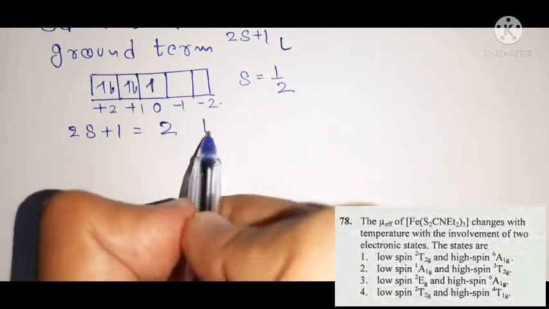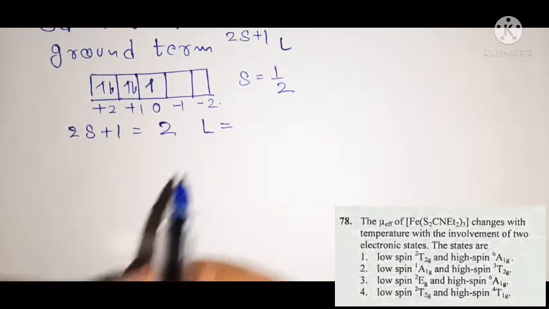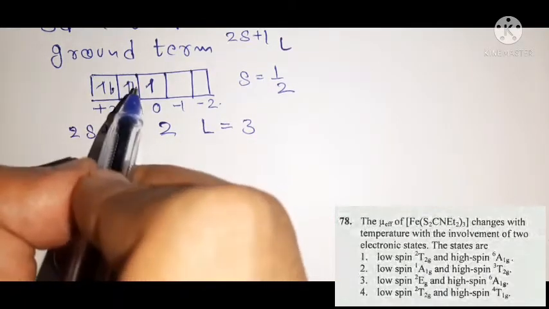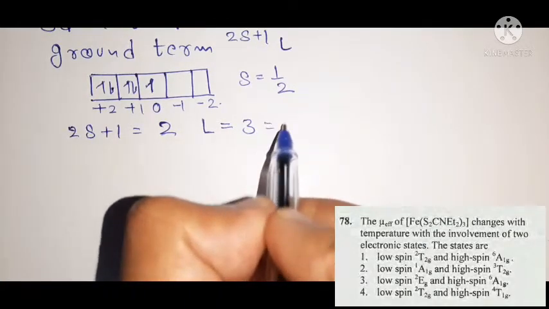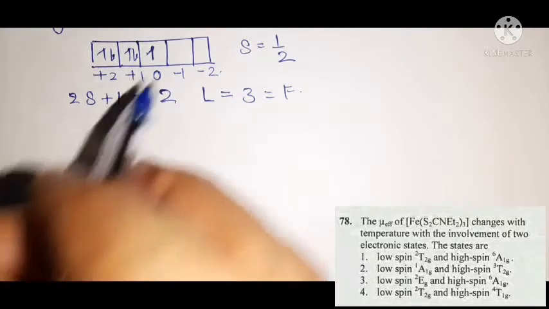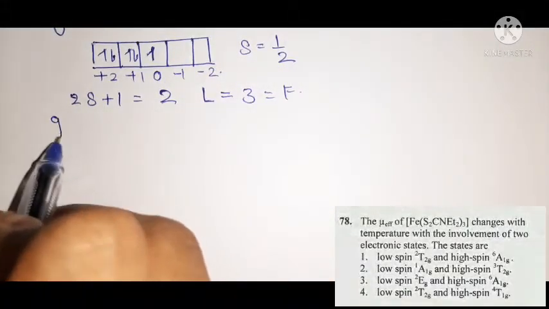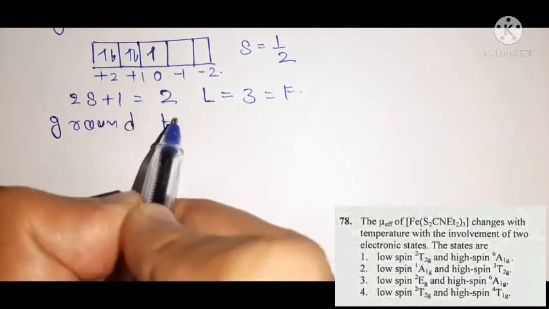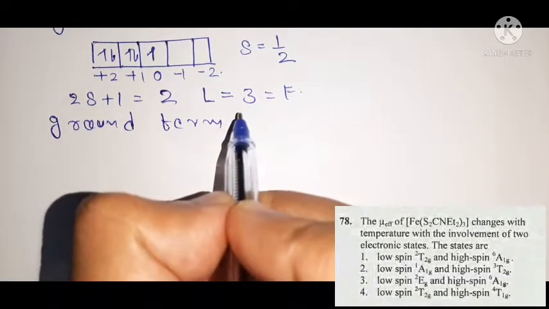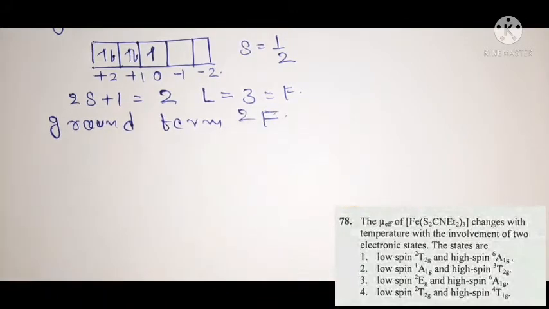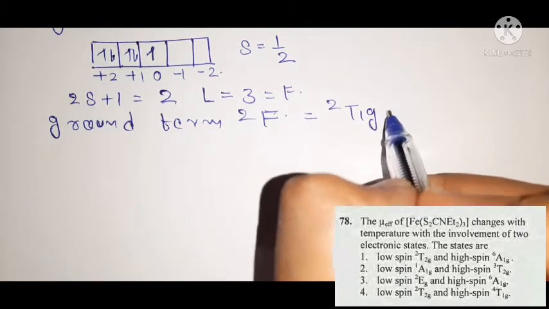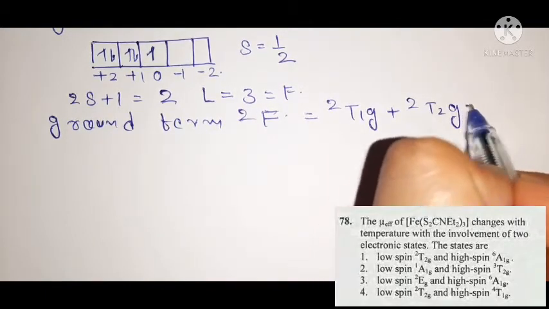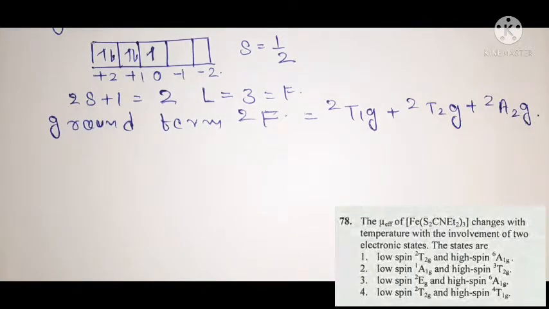And here the value of L is the sum of azimuthal quantum numbers of all electrons, so it will be 3, and the term associated with L equal to 3 is F. So that means its ground term will be 2F, and this ground 2F term will further split into 3 terms, that is, 2T1g plus 2T2g plus 2A2g.